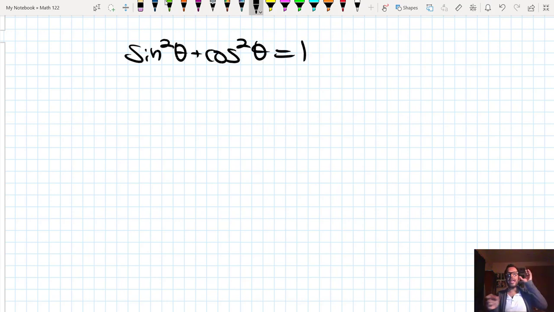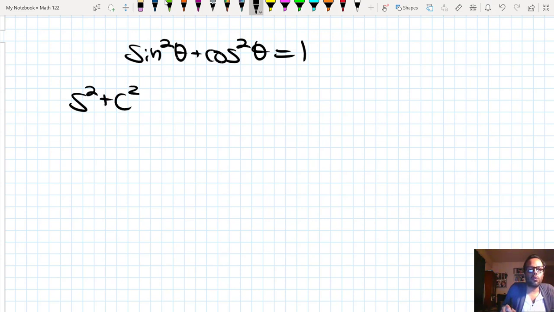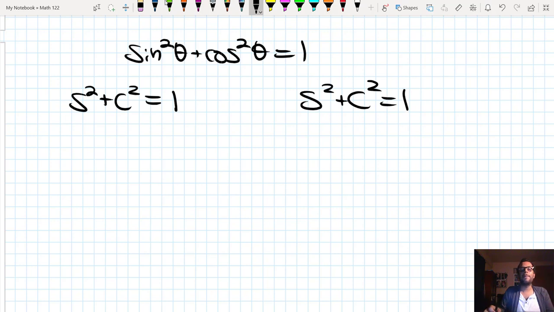That's where everything starts. Just to avoid writing too much, I'm going to abbreviate this as s squared plus c squared equals 1, s for sine and c for cosine. I'm going to write this twice: sine squared plus cosine squared equals 1.